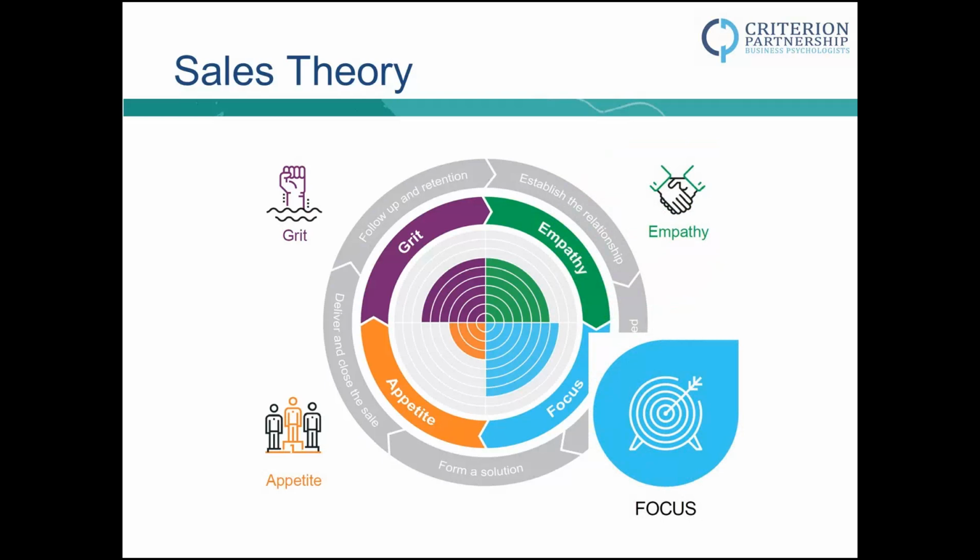The third quadrant we've called focus, and this is the section after you've got someone, you've established a relationship and they're interested in what it is you have to say, your products or your services. This is the part where you are really listening and finding out where their need is, and then forming a creative solution. So someone who has scored highly in this area would have a structured approach to problem solving.